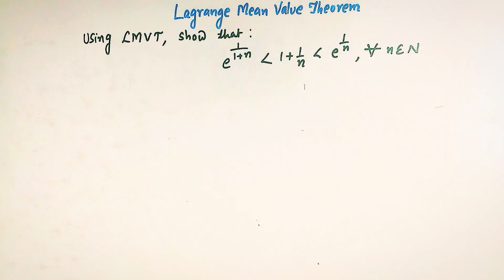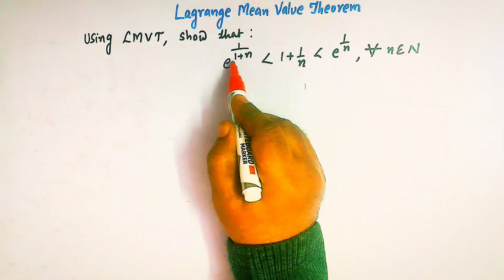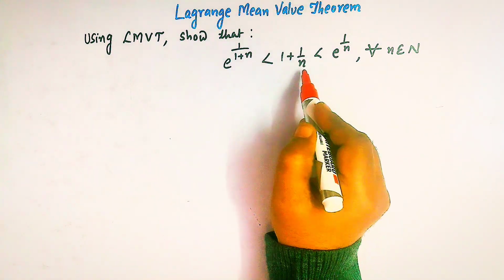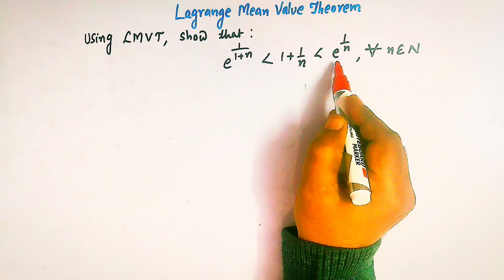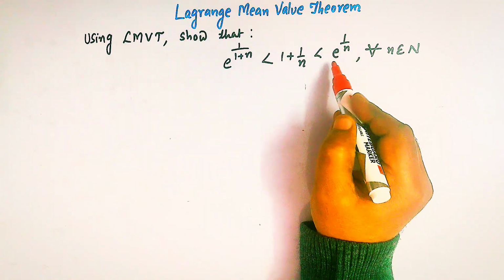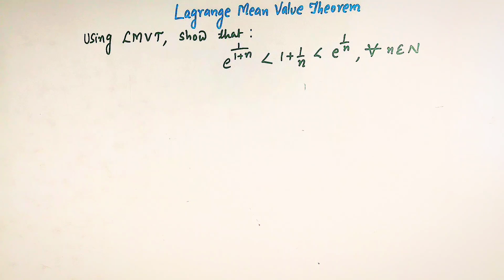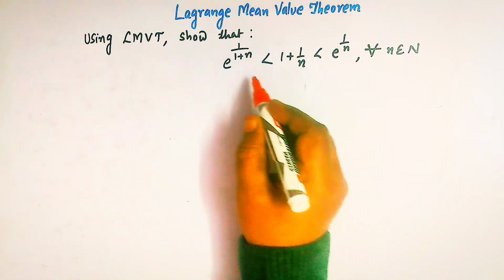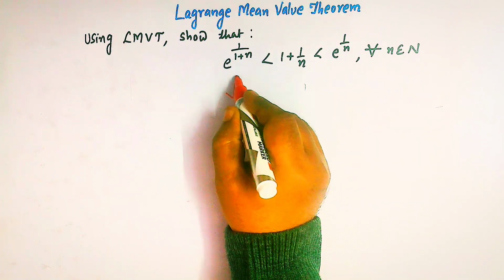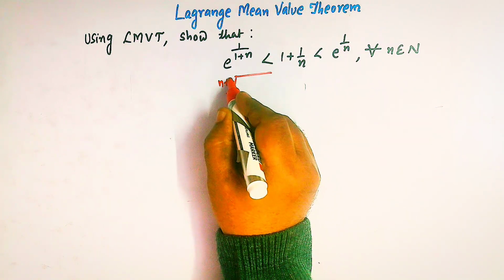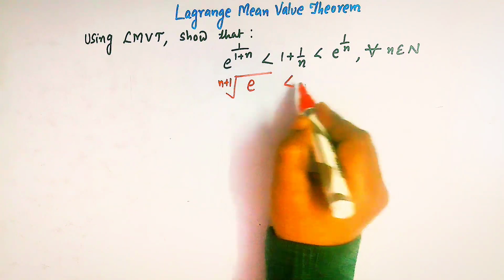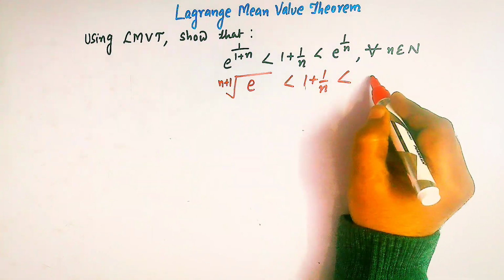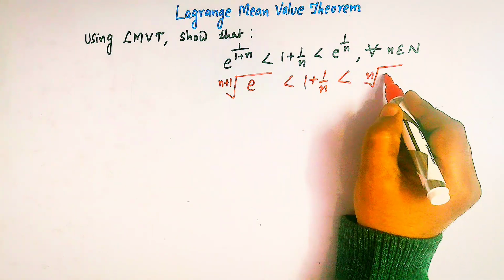So here we have to show that the n plus 1th root of e is less than 1 plus 1 over n, that is less than the nth root of e, where e is our exponential number. So we can also rewrite this inequality as the n plus 1th root of e is less than 1 plus 1 over n, that is less than the nth root of e.